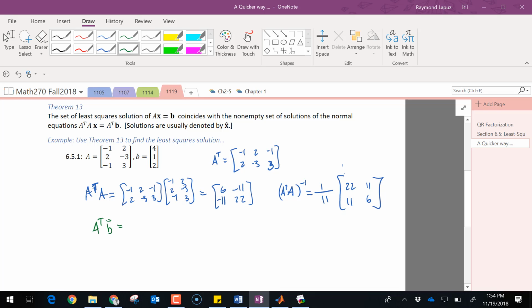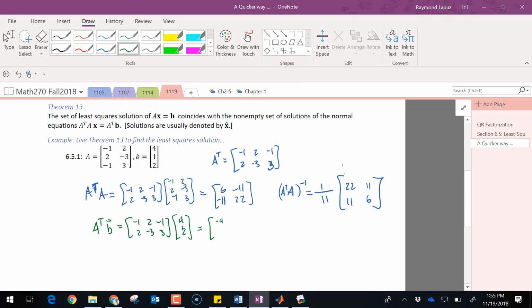So that is that. We need A transpose B as well. So A transpose is this, -1, 2, -1, 2, -3, 3, times B, 4, 1, 2. So we got negative 4 plus 2 minus 2. So that's just negative 4.